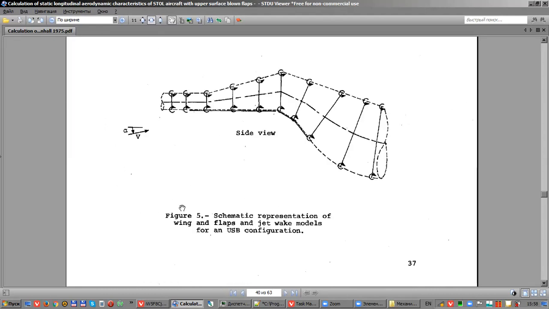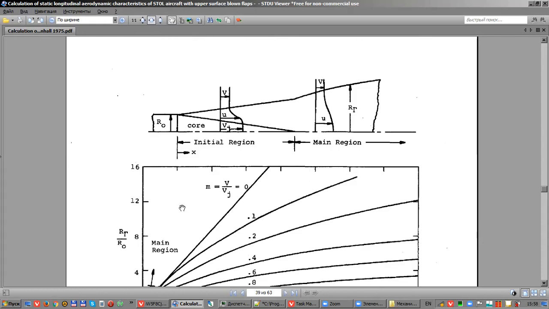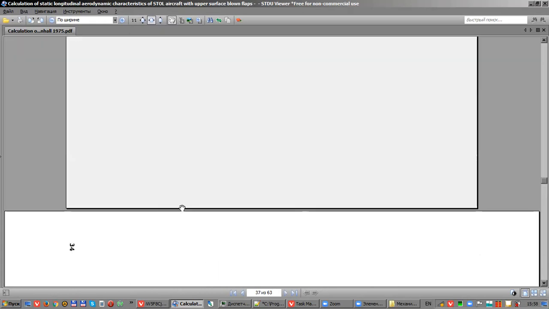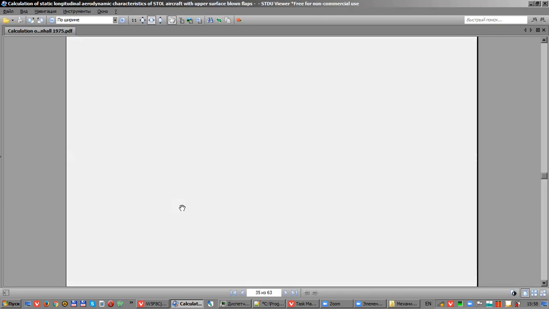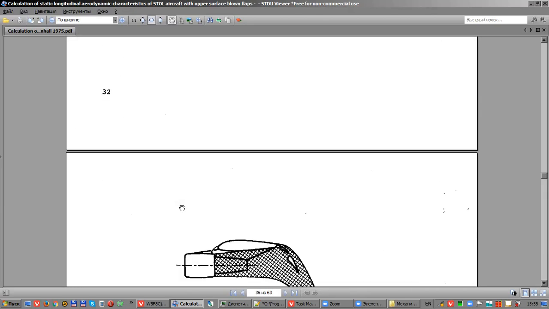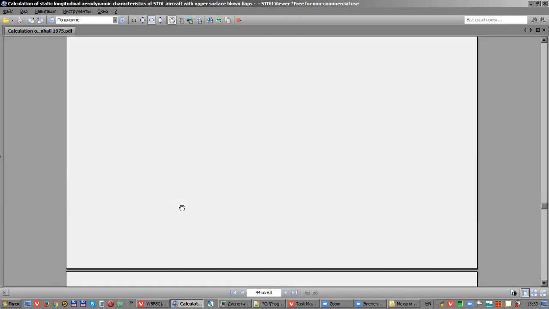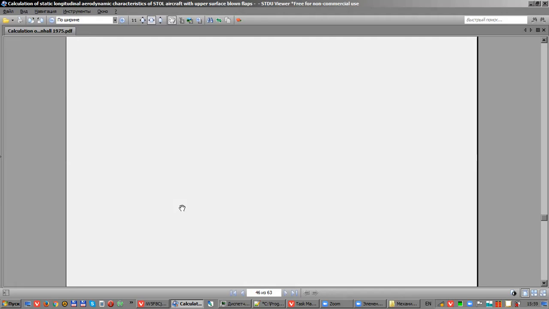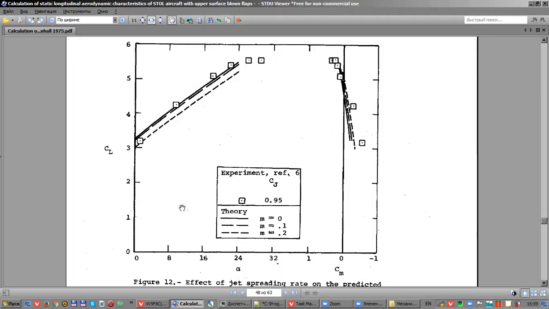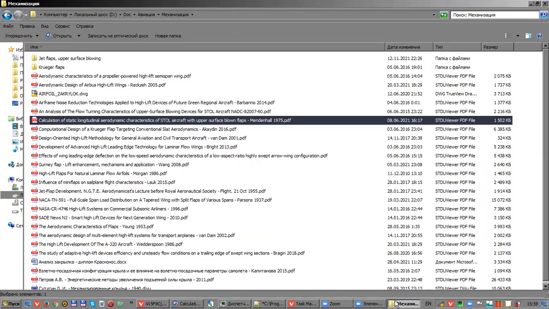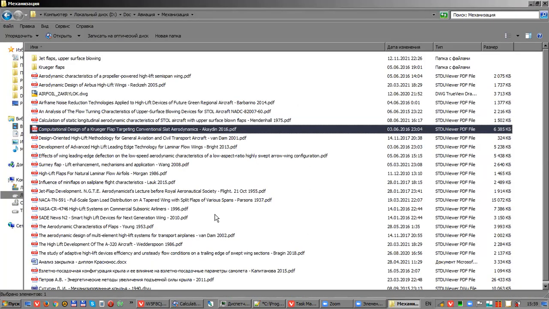This is about some method of calculation, but I don't see the model from the wind tunnel. No, this doesn't show us the wind tunnel model. So I don't know what aircraft it is. So maybe I need to look for the Japanese name.